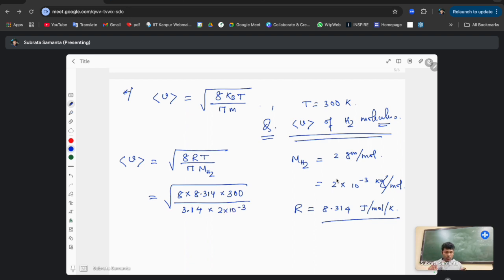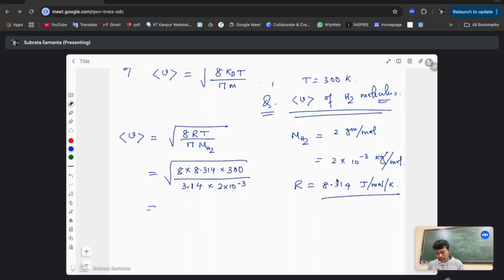Note that I always use SI units in both numerator and denominator. So this gives you 1782.5 meters per second. Please check this.